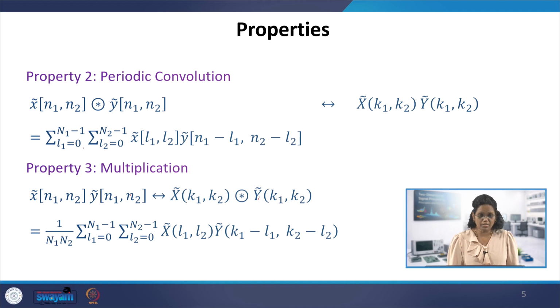Because this is periodic, it can be used equally in both the time and frequency domains. In that case, 1 by root of N1 N2 product is used here and in the time domain also, or use it only in the frequency domain. That would also suffice. So you should be careful where you are using this scaling.